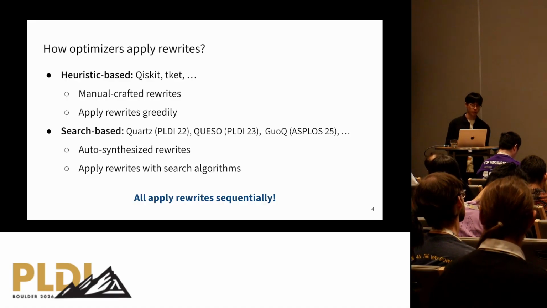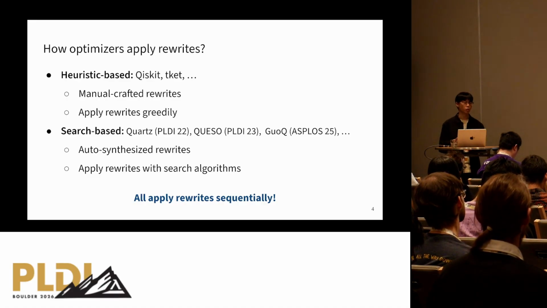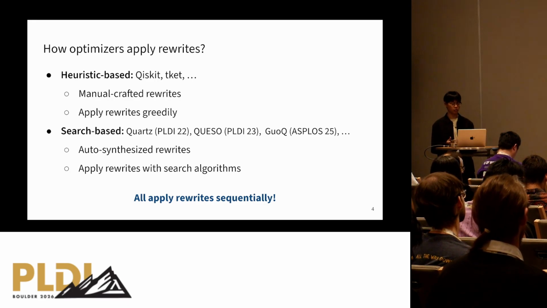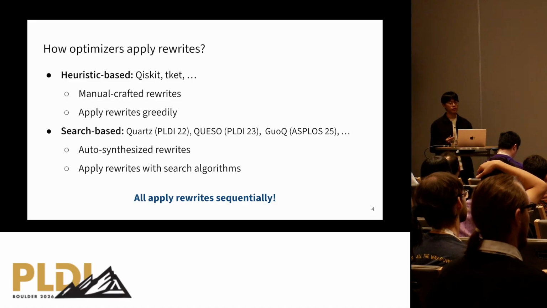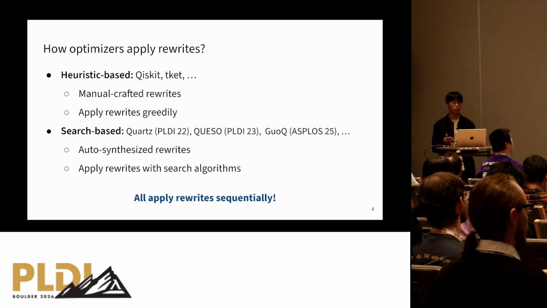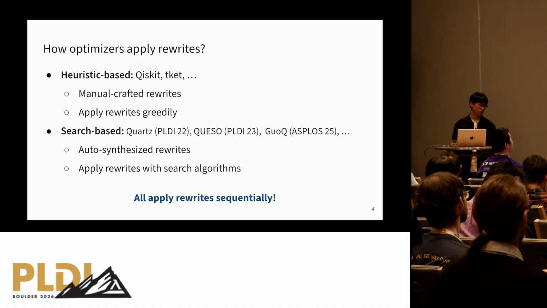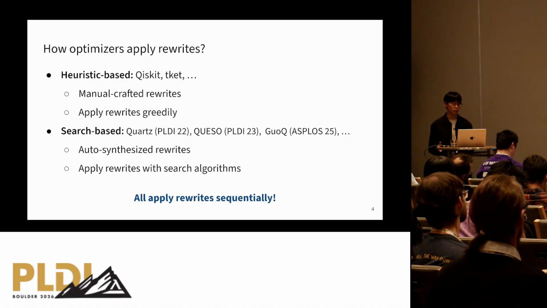And the other type is search-based algorithms, mostly the state of the art in recent years, including Quartz and Quarl. Instead of using heuristics, they leverage the superoptimization idea from classical optimization to automatically synthesize a large set of rewrites, composing thousands, tens of thousands, or even millions of rewrites.